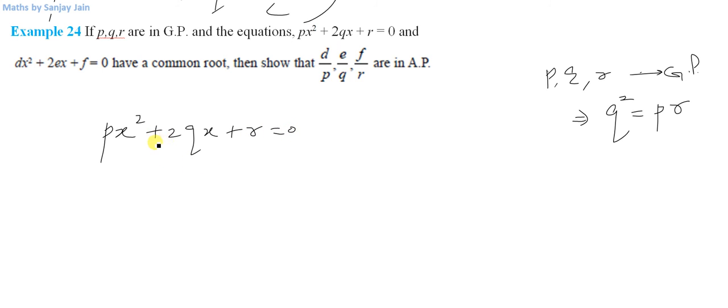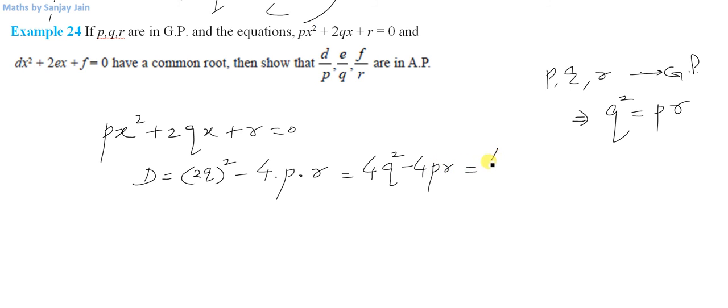Okay, how do we find the roots? First of all, we will find the discriminant. What is that? (2q) squared minus 4 into p into r, which is equal to 4q squared minus 4pr, which is equal to 4 times (q squared minus pr). Now I know that q squared equals pr, that means q squared minus pr will be 0.